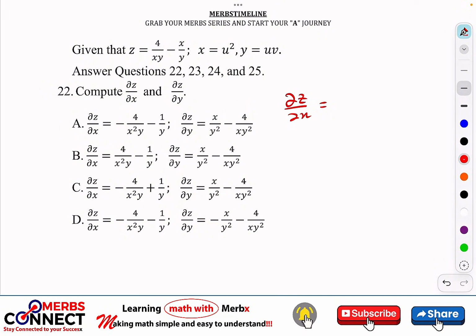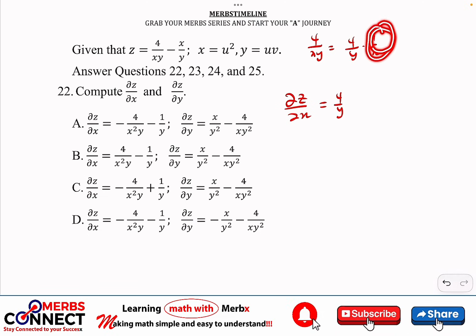So partial of z with respect to x, let me just do one. Now, one thing that you need to remember is when you are taking the partials, other things become constant. So here, if I'm differentiating this I can factor 4y out. This xy is the same as 4 over y times 1 over x. So I'm just focusing on differentiating this.